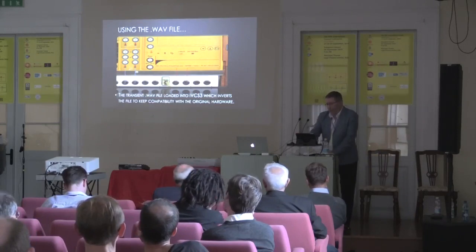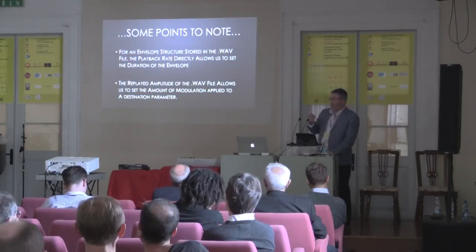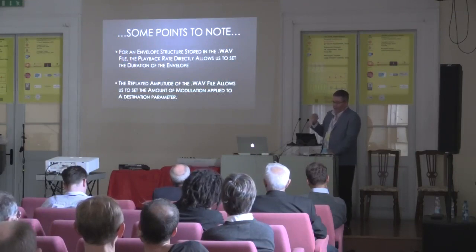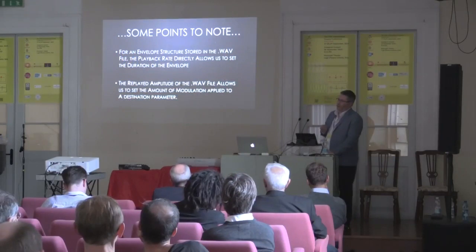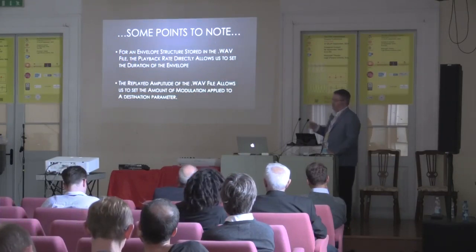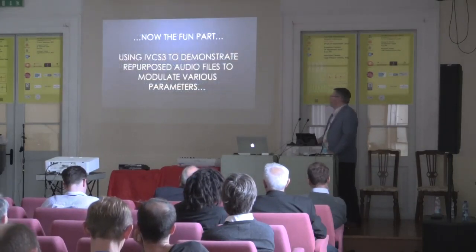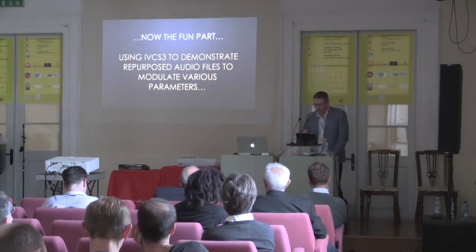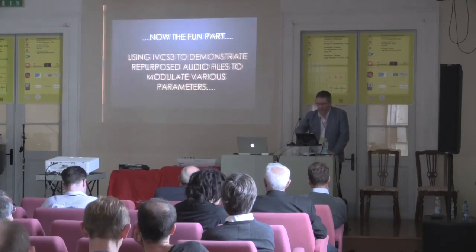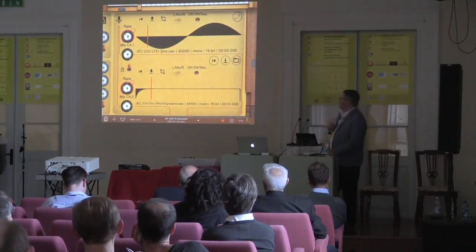We can then use the amplitude of the incoming wave to set the amount of modulation that we could apply to whatever destination that we choose via the matrix. Okay, so now I'd like to show that with a live demonstration.